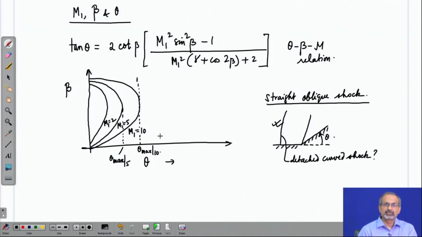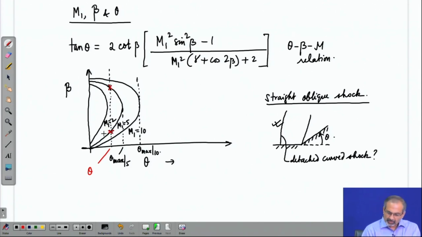If your theta happens to lie below that, then there would be two wave angles for that particular Mach number where solutions are possible. So, let us say we are looking at a particular theta here and a Mach number 5 coming from the free stream side. So, you have two solutions on this curve which satisfy the conditions.